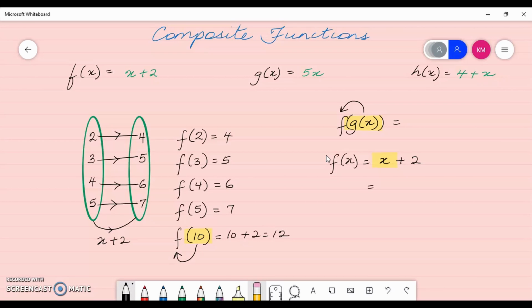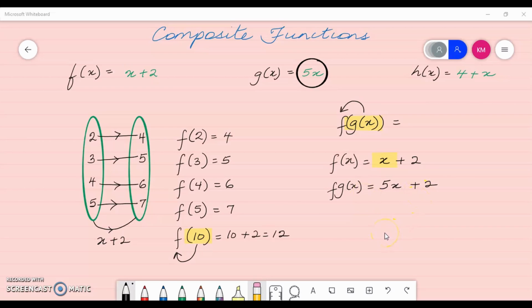So let me write f of g of x here, and we know g of x is 5x. Wherever we see x in the function f, we replace it with 5x. So it's going to be 5x here, and then we put back our plus 2. That's how we find our composite function f of g of x.